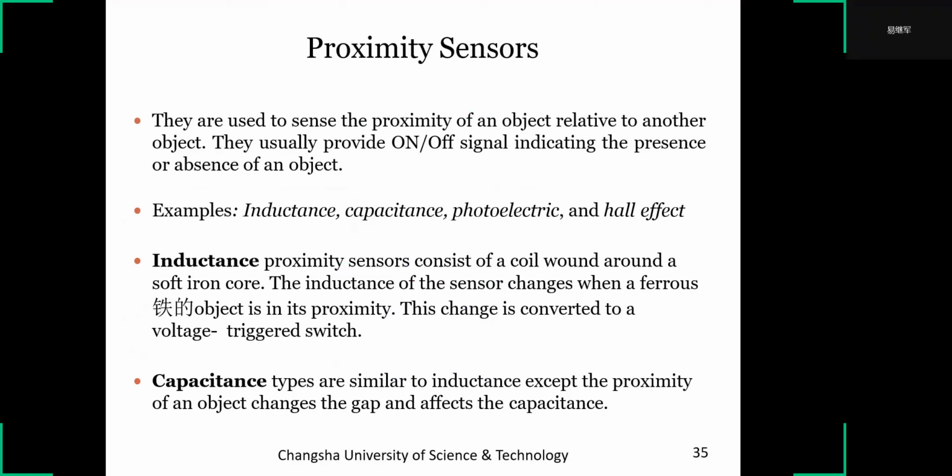Examples: inductance, capacitance, photoelectric, and Hall effect. Inductance proximity sensors consist of a coil wound around a soft iron core.